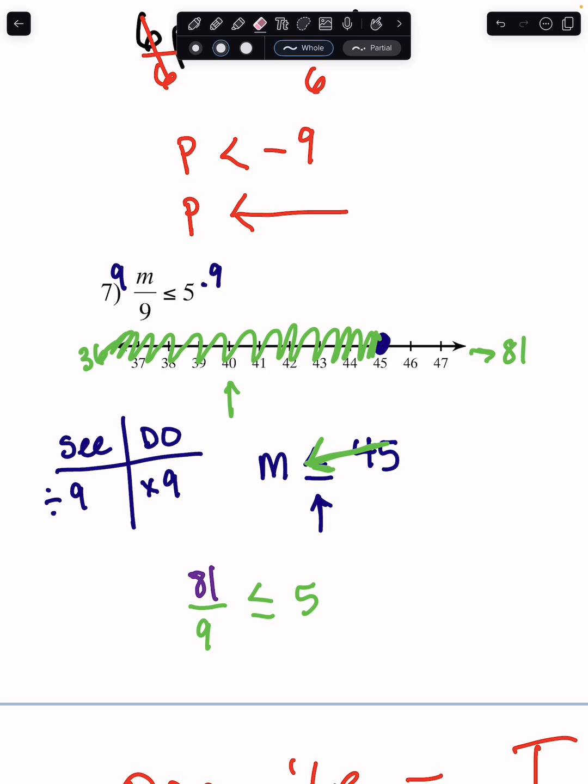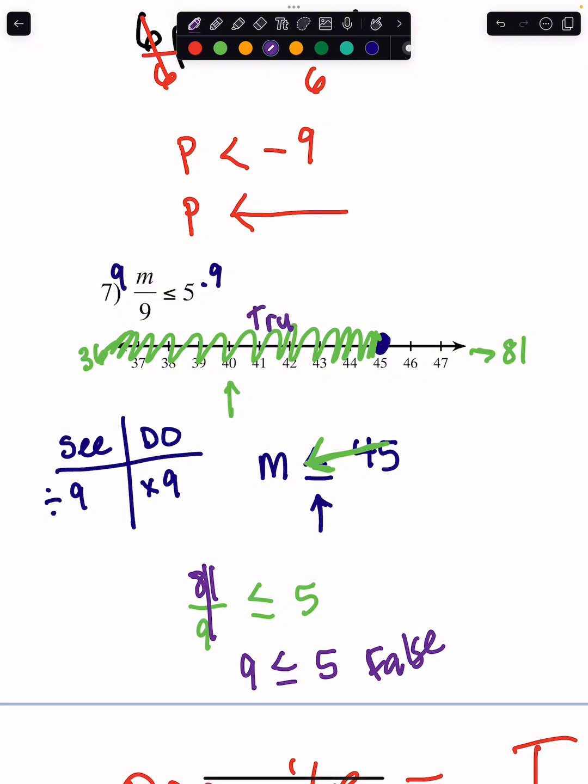And this would say 9 is less than or equal to 5. 9 is not less than 5. This is false. So if you plug it in and it's false, you always shade towards the true and always reject the false.